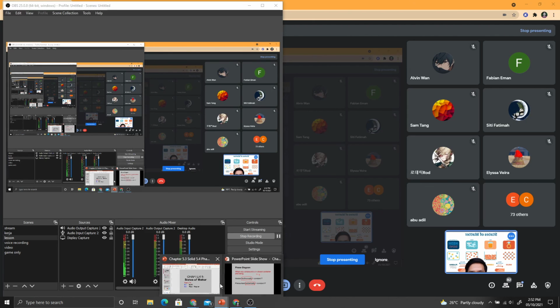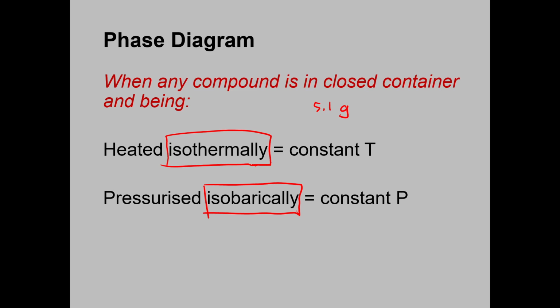Right. So those fancy words just mean that iso maksudnya same, sama. Iso maksudnya sama. So isothermally maksudnya same temperature, which is constant temperature, while isobarically is constant pressure.